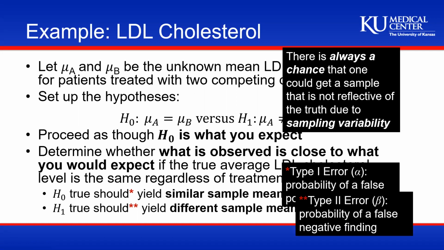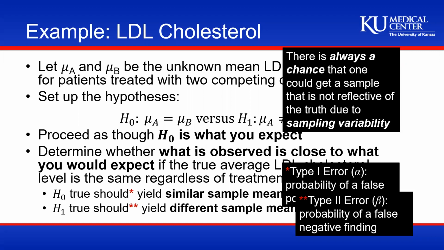If the alternative hypothesis is true, theoretically, we should get two samples, one group of individuals treated with A, one group of individuals treated with B, whose responses differ. That should be reflected in the sample data. But again, sampling variability means that there is a risk of a type 2 error, which is the probability of a false negative finding.